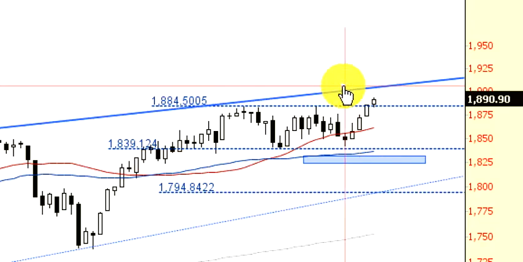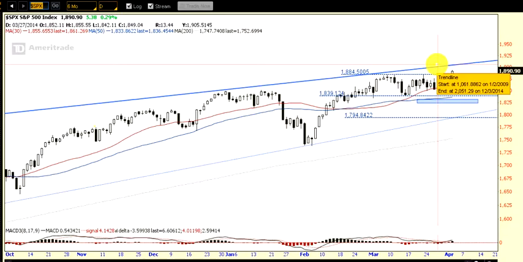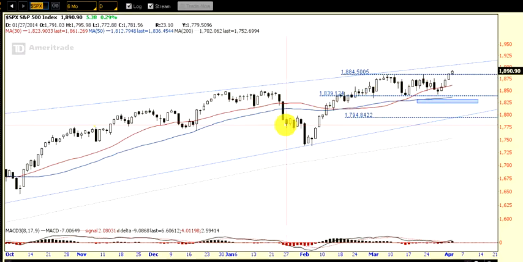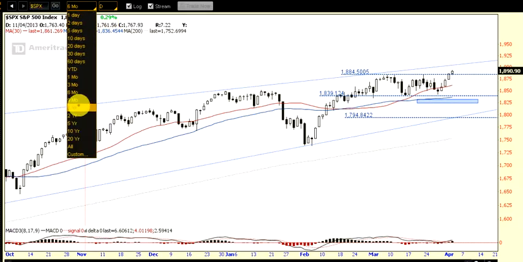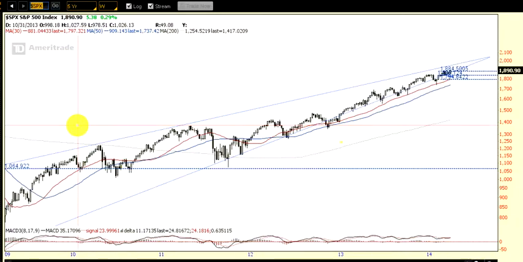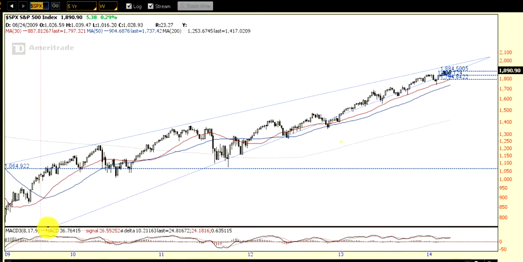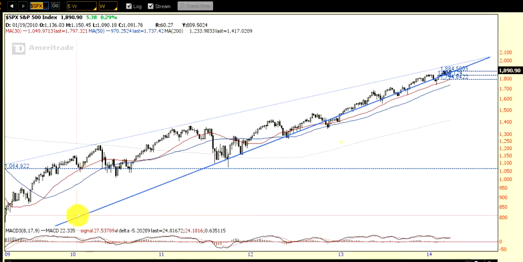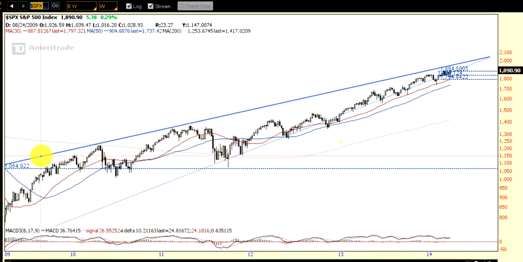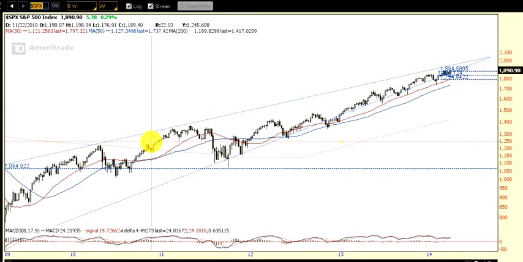Now, we talked about this wedging pattern and how this whole wedging pattern is in itself a consolidation pattern. And we talked about how that resolves itself. We'll look at a 5-year weekly chart, and you can see that from the lower bound of this wedge to the upper bound has been narrowing over time, and eventually this will correct itself.